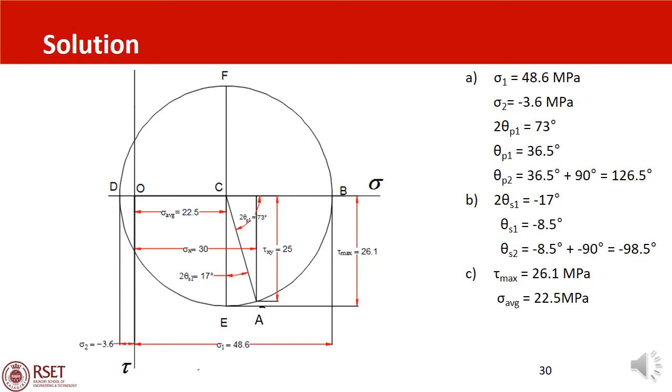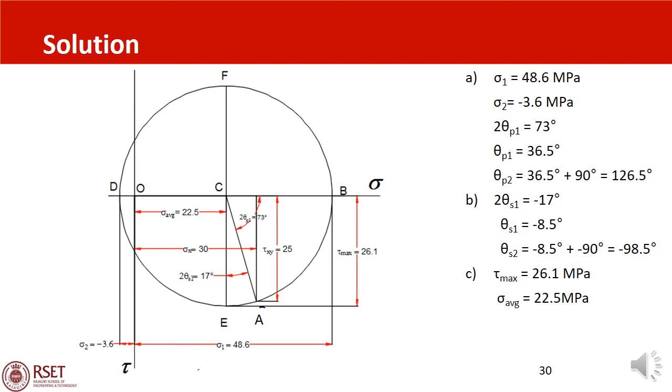Here you should notice that the inclination to CE is measured in the clockwise direction. That means it is a negative angle. Therefore, theta s1 will be equal to half of 17 degrees, which is minus 8.5 degrees.